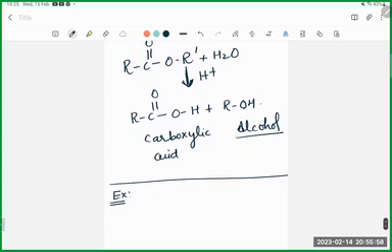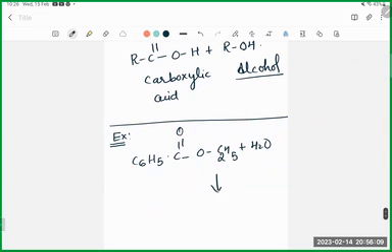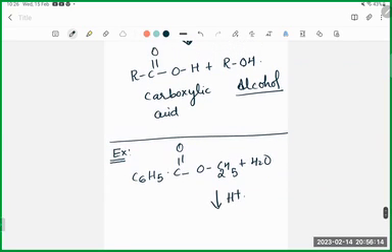So let's do one example. C6H5, C double bond OO, and on the other side we have C2H5. Okay, Hridaya? So can you tell the product, Hridaya? Take the help of this and tell the product.